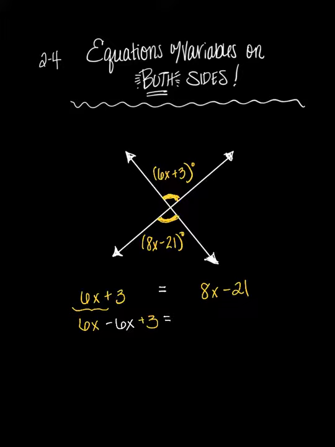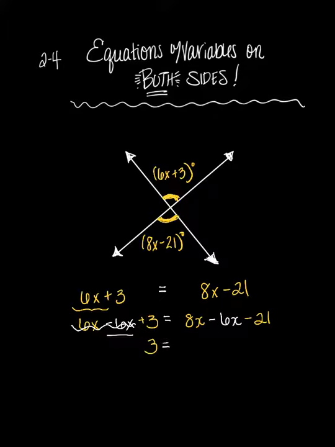And what I do to one side, I've got to also do to the other: 8x minus 6x minus 21.